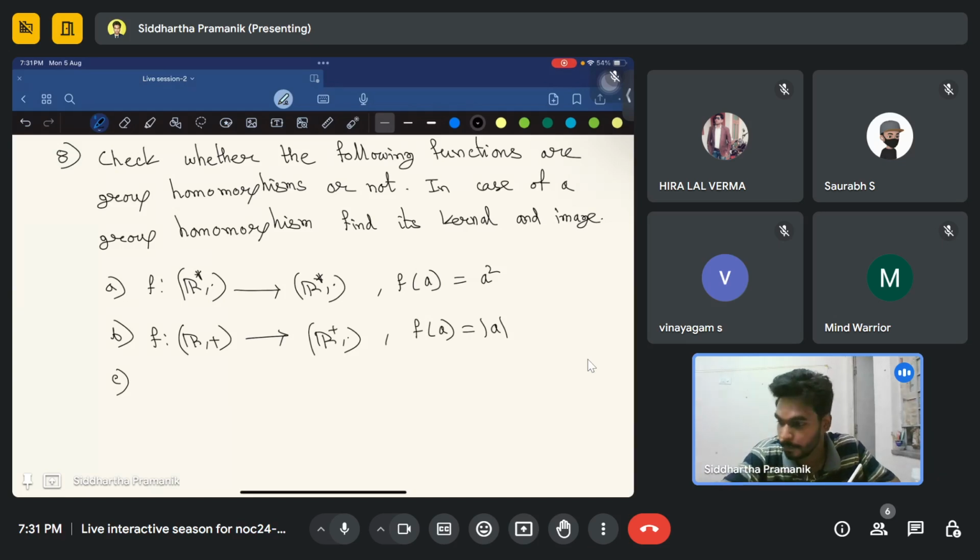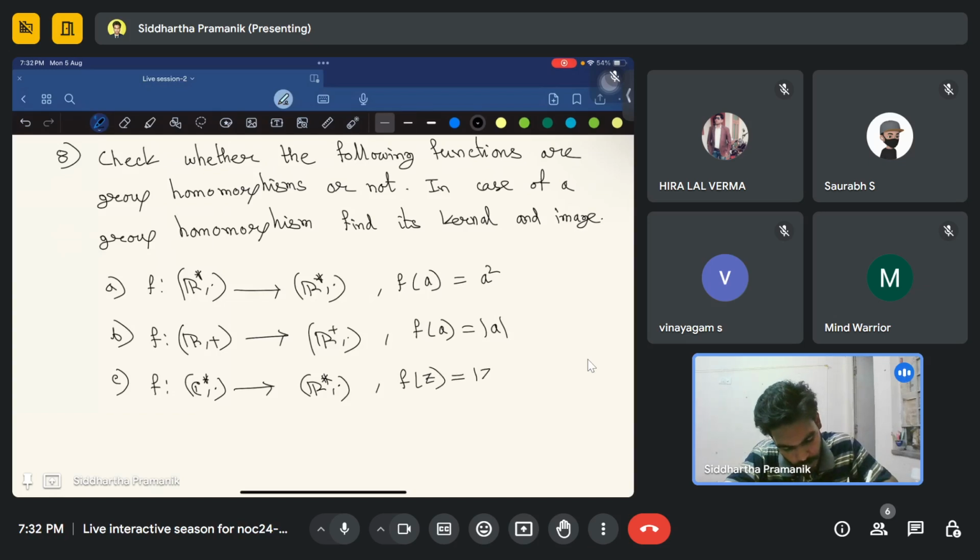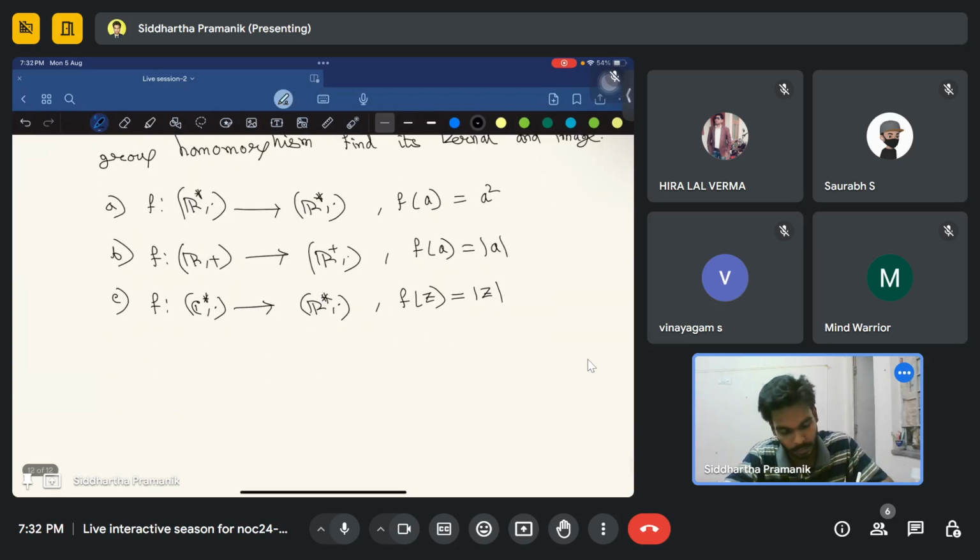Okay, number 3, f from C star, which is the non-zero complex numbers, to R star. And what is the map? f of z equals mod z, meaning modulus of a complex number.